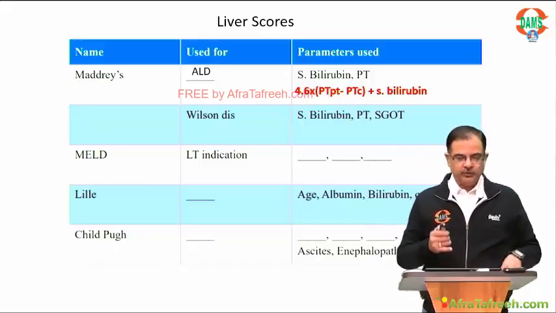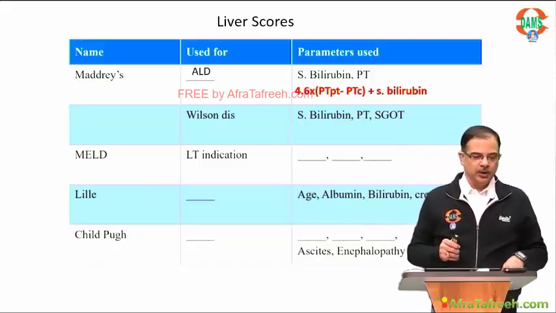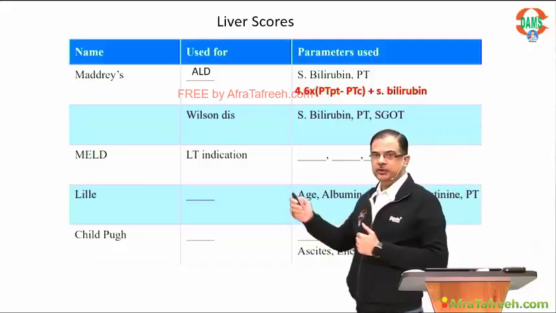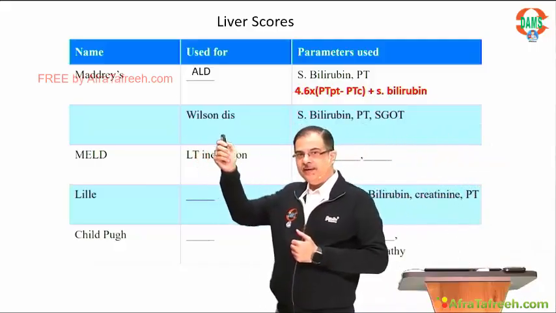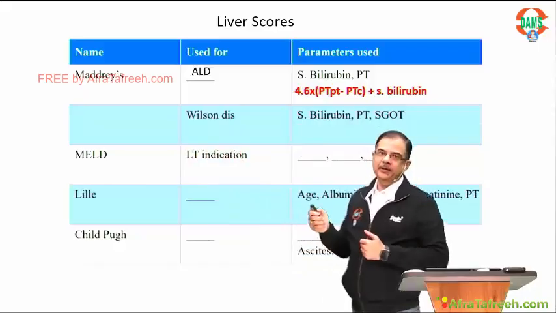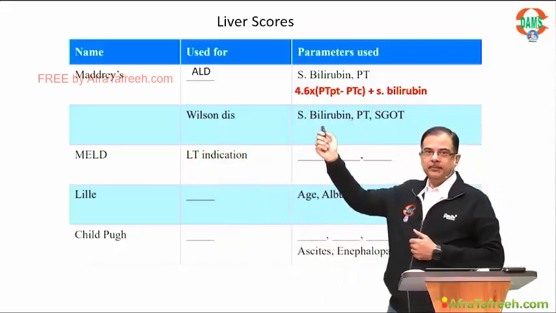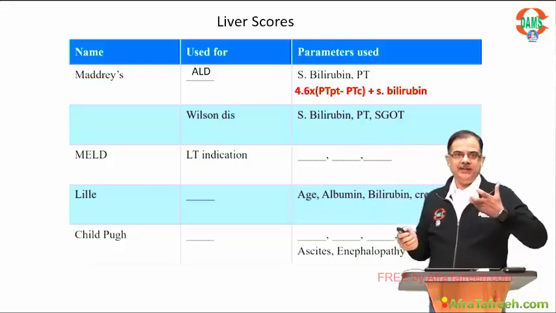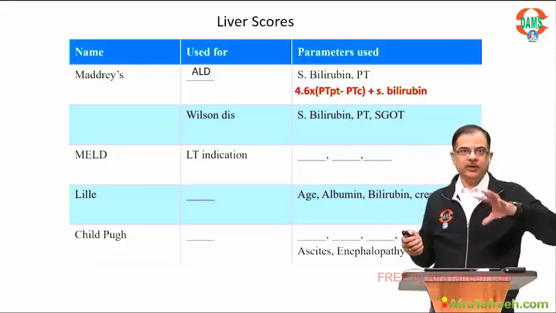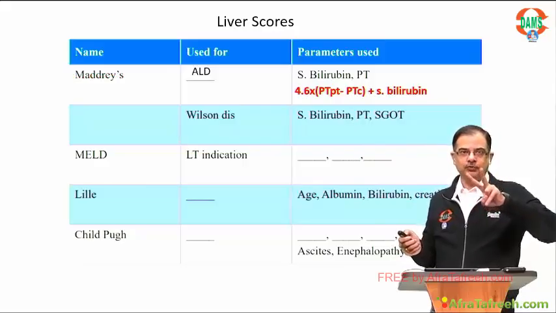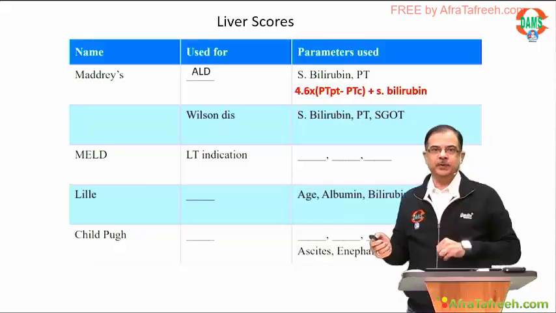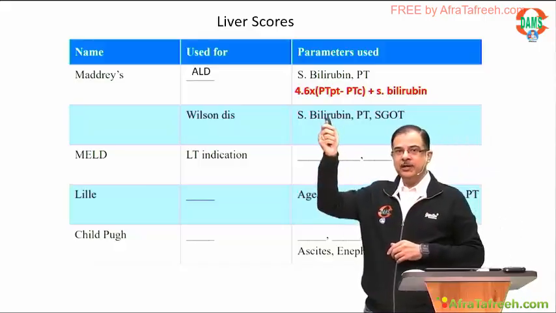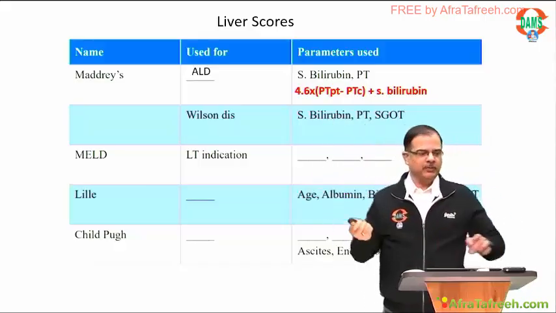Now the next one, Wilson disease. This is a scoring system used to determine the severity of Wilson disease, and the three parameters used are bilirubin, prothrombin time, and SGOT. Take it as a hint for MCQs: two parameters are used in every liver scoring, bilirubin levels and prothrombin time, or maybe INR.